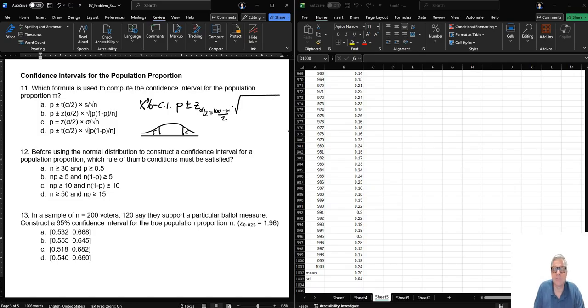Okay, and then times the standard error, and we just derived the standard error as the square root of the observed proportion of successes times the observed proportion of failures over the sample size, which was in our case 100. So why do we only use the z-score when it comes to the proportion?